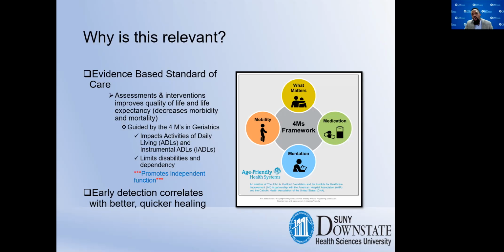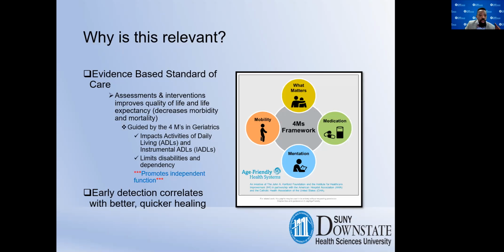It means that all our assessments, including diagnostic approaches, any test that we do, and then the interventions that follow that, all assessments and interventions should improve quality of life and life expectancy.